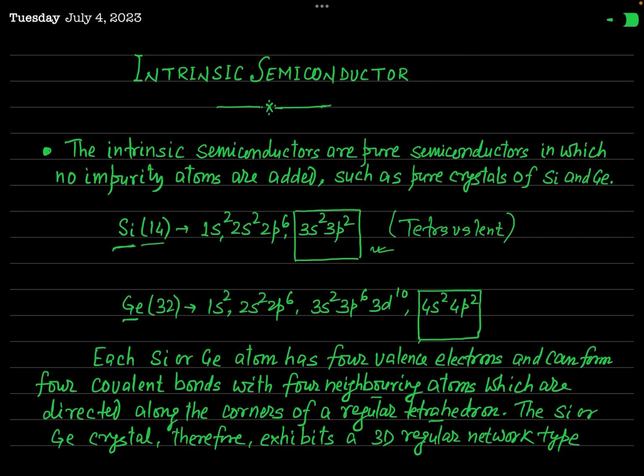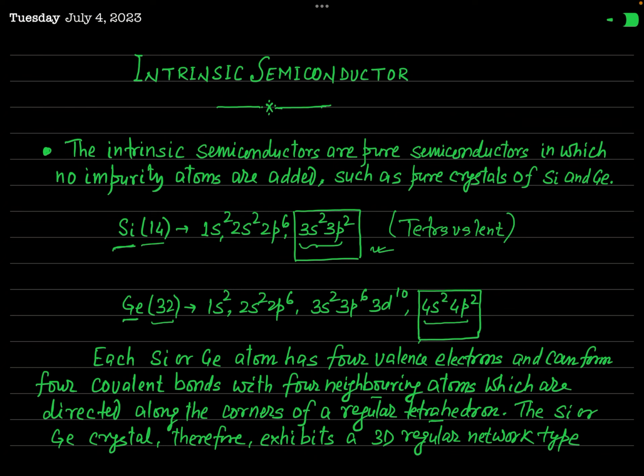You can see the outermost shell, that is the third shell of silicon, contains 4 electrons, and that's why we say that silicon is tetravalent. Similarly, germanium has atomic number 32, and this is its electronic configuration. You can see that the fourth shell is the outermost or valence shell of germanium, and it also contains 4 electrons. So germanium and silicon both are tetravalent elements.